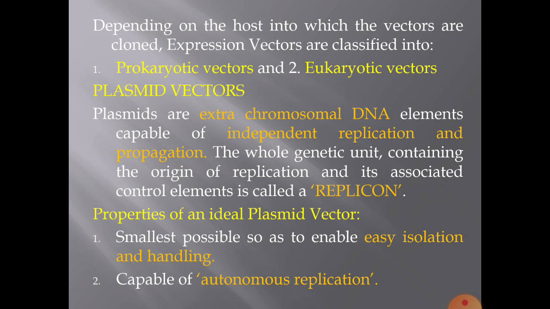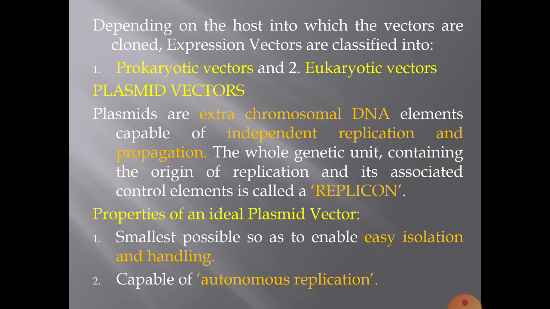Another teacher will be teaching you about recon, muton, etc. in another genetics class. But right now you just need to know what a replicon is. So plasmids are extrachromosomal DNA elements capable of independent replication and propagation, and that entire unit containing the ori of replication and relevant associated control elements is called a replicon.